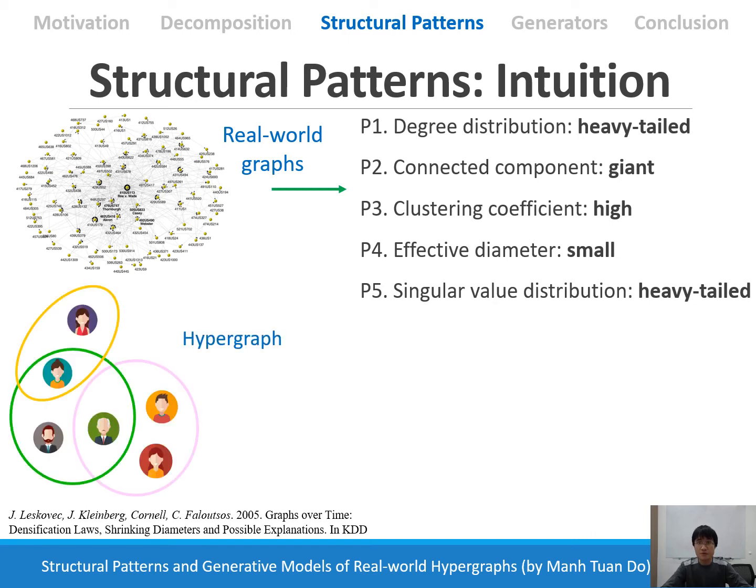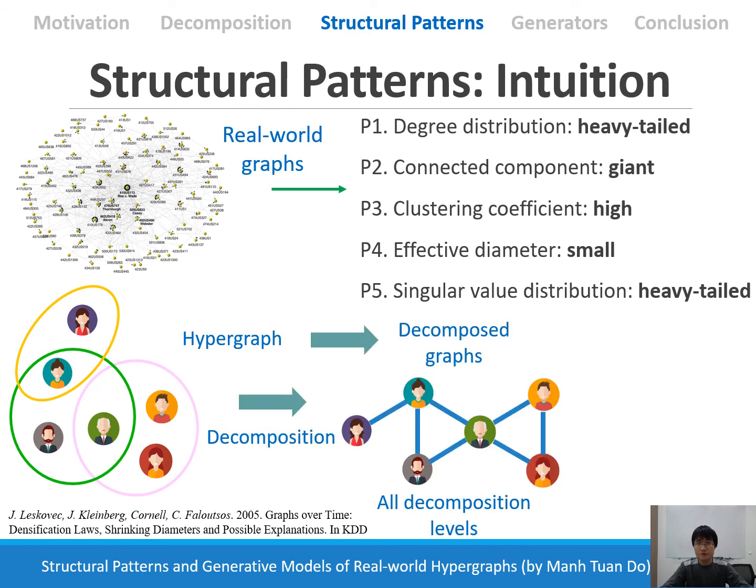Let's consider a hypergraph. If we decompose it into the decomposed graph, the edges in each decomposed graph represent the relationship in a very similar manner to a real-world graph. For example, if we have a publication hypergraph, then the decomposed graph represents the co-authorship network.